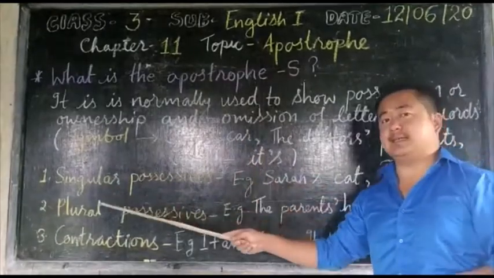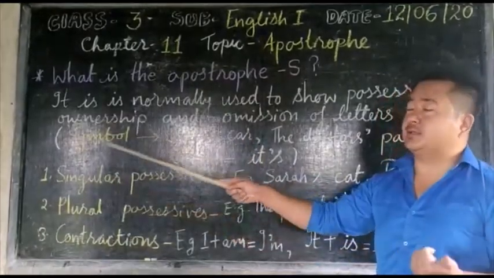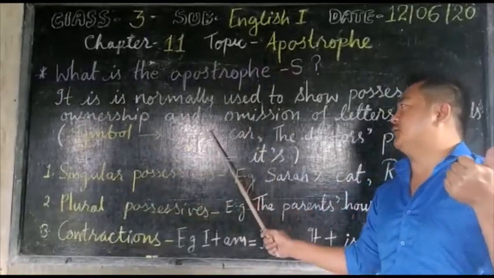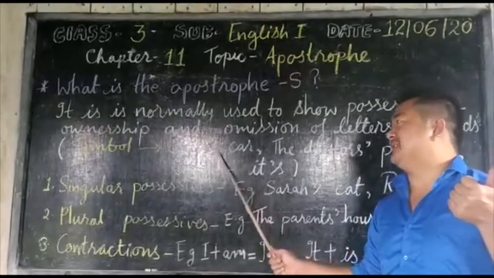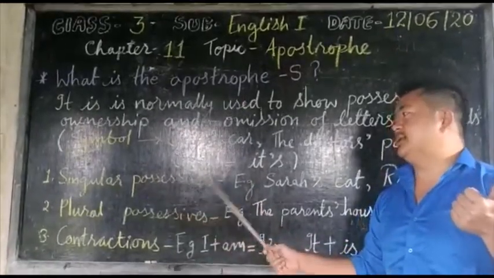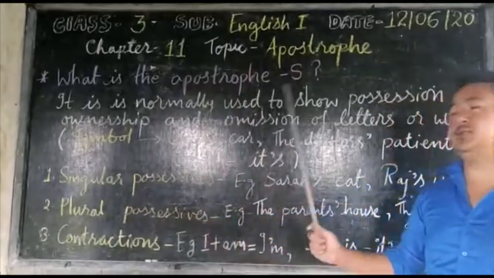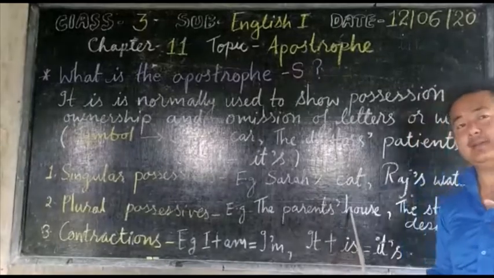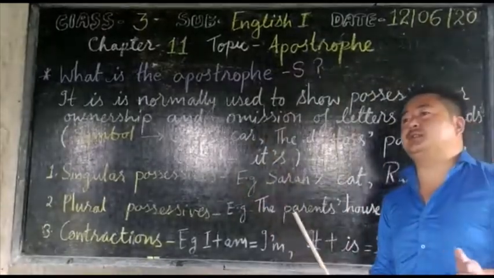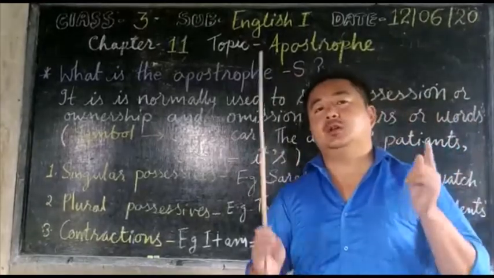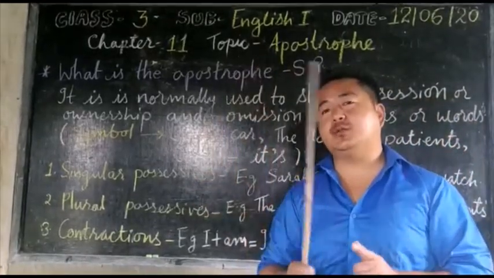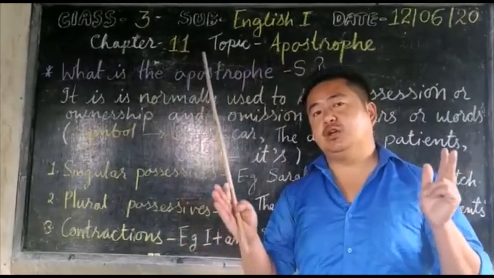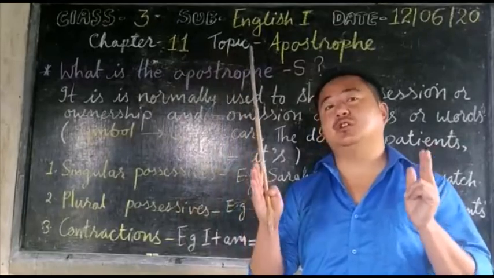So this is how, in various places in a sentence, you use the apostrophe. We usually use it in a singular possessive, and you have to remember that the apostrophe is used before S in singular possessive, and in plural possessive you use the apostrophe after the S. And in some cases we join two words or omit some letters or words in order to contract.